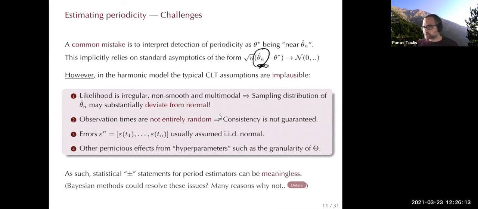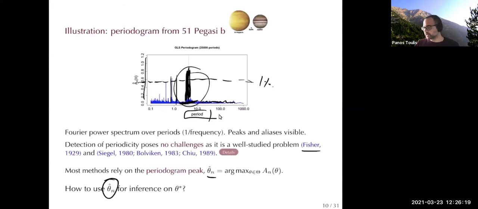But it's easy to see conceptually why this type of test cannot be used for inference. The argument is very simple. Think about shuffling those periodogram values. It's a very important point where I want to argue about the problems of the standard methods. Suppose I shuffle all the values of the periodogram.